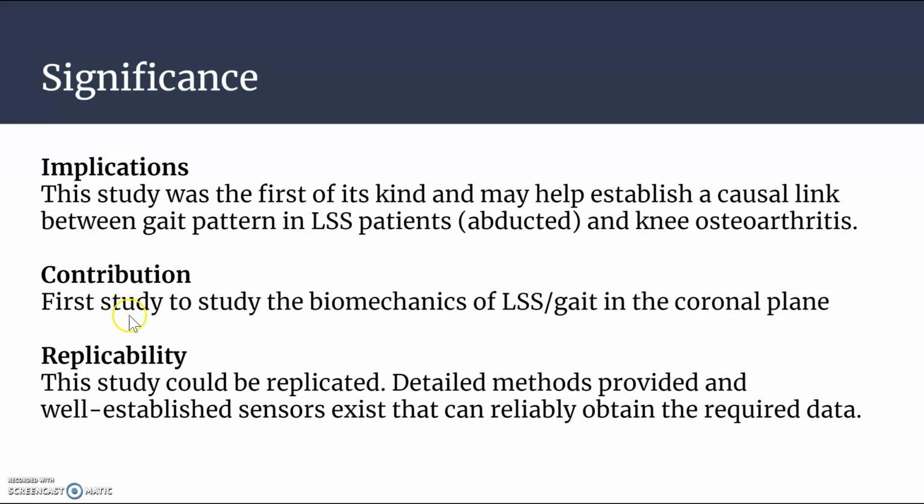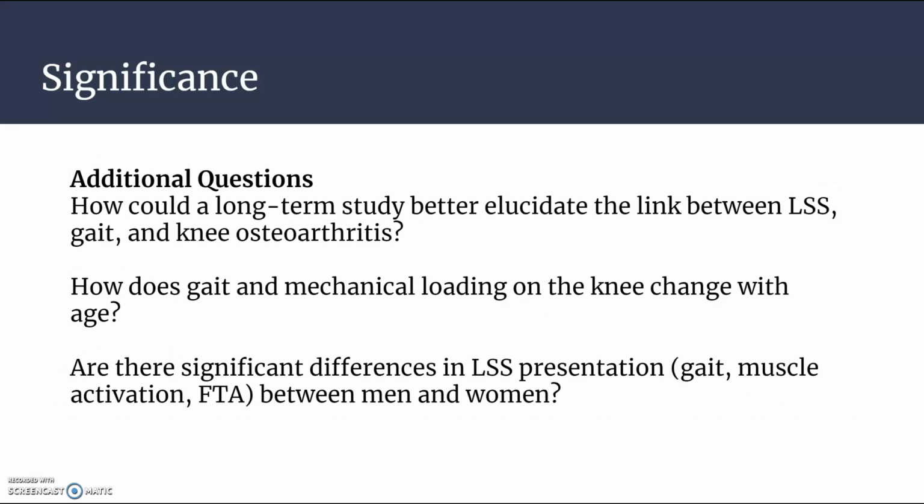Contribution is largely the same. It was the first to study the biomechanics of LSS and gait, specifically in the coronal plane. So again, that femorotibial angle was one of the critical major novelties of this study. And for replicability, this study could easily be replicated. There are detailed methods provided and well-established sensors and algorithms that can reliably obtain all this required data.